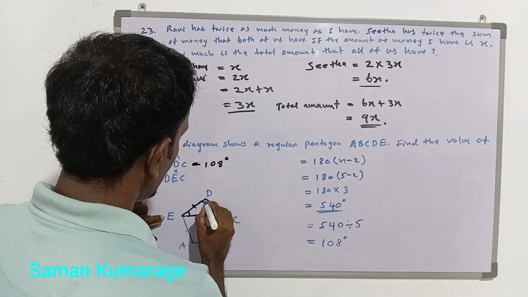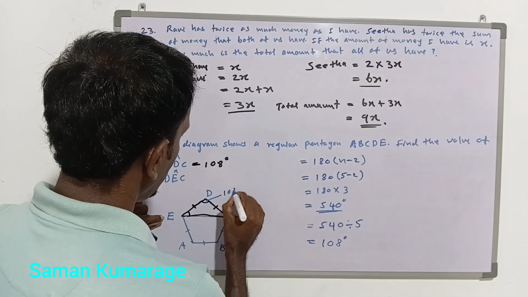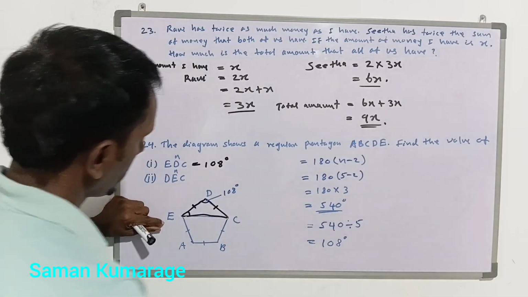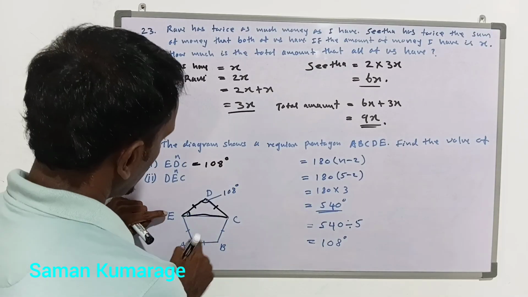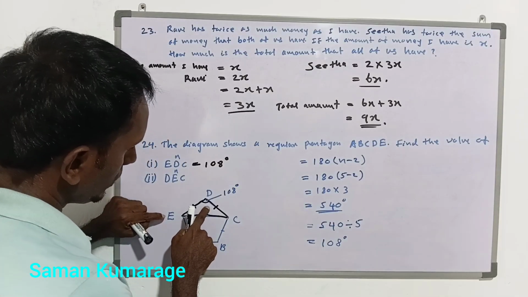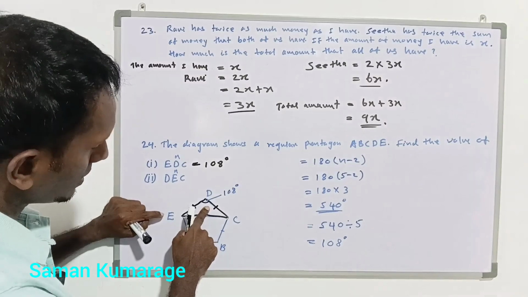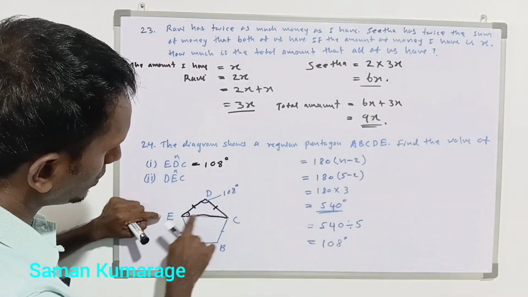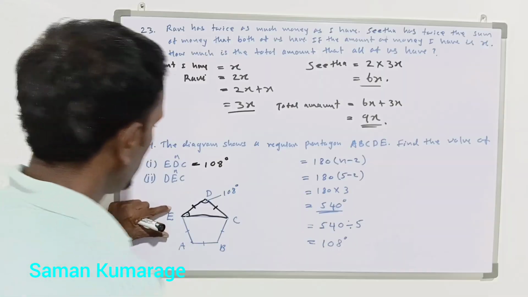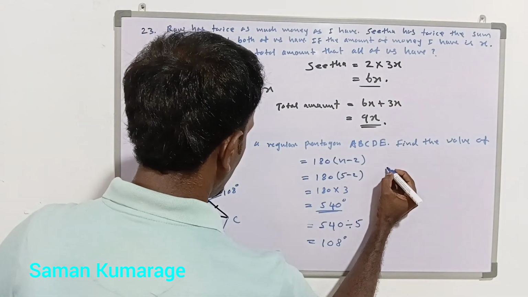Here we know this angle is already 108, we found it. So we need to find this angle. According to the theorem we studied in isosceles triangles, these two angles are equal to each other.